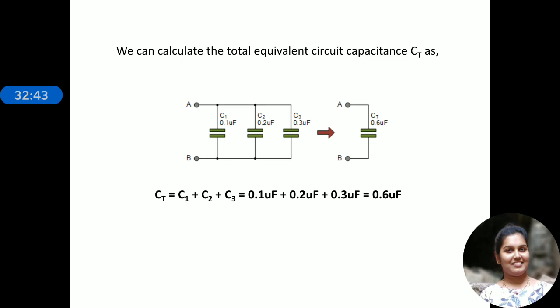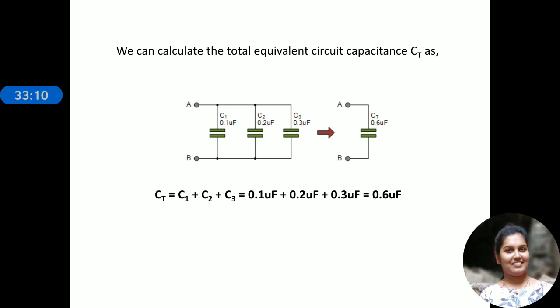Why do we talk about these points? For example, a basic example: if I have three different capacitors of 0.1, 0.2, 0.3 microfarads, but the capacitance for the circuit I am designing should be lower than these three values, like less than 0.1 microfarads, then what can I do?